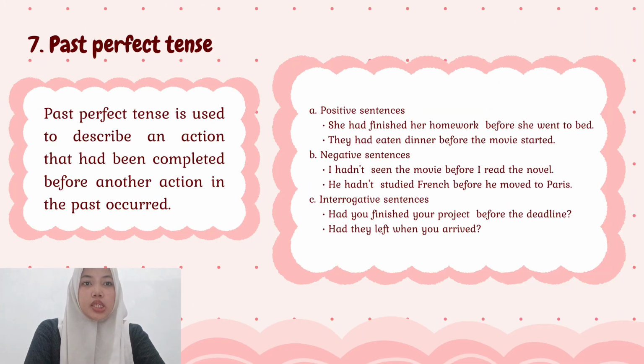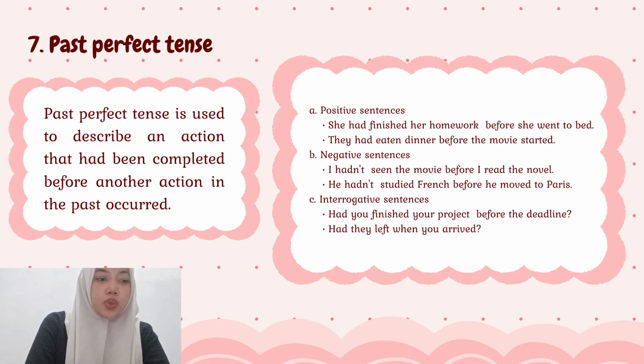Past perfect tense. Past perfect tense is used to describe an action that had been completed before another action in the past occurred. And for example, positive sentence, she had finished her homework before she went to bed, and they had eaten dinner before the movie started.